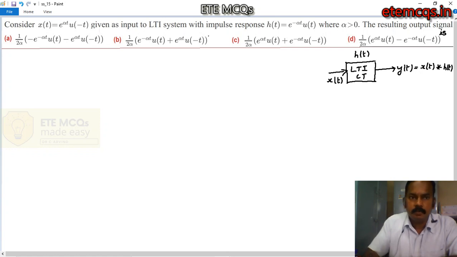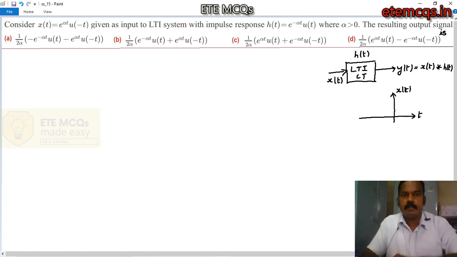In this problem, we are given the input and the impulse response. Now, what you can notice is the input is a left-sided sequence. Let me draw a rough plot of the input. The input is represented by x of t. It is a left-sided sequence.